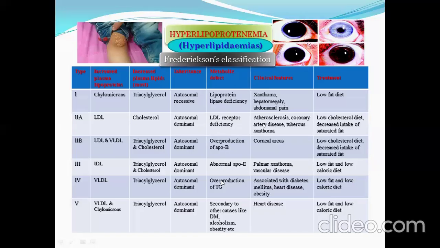In type 4, overproduction of triglycerides. And type 5 is secondary to other causes like diabetes mellitus, alcoholism, and obesity. So at least know the applied aspect, the disorder and the respective defect; the remaining is for your knowledge.